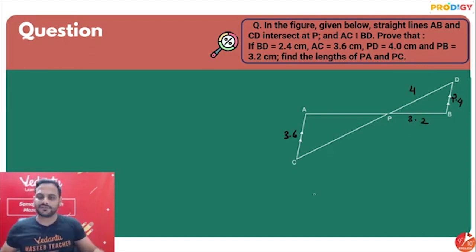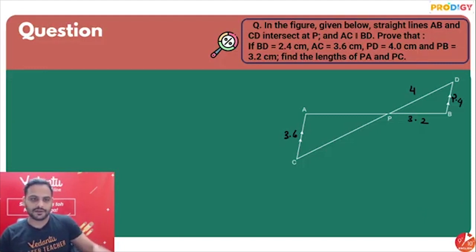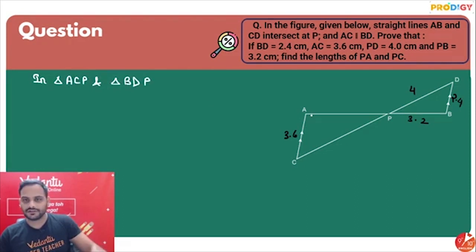First thing, if AC and BD are parallel, I can say that in triangle ACP and triangle BDP, angle A and angle B will be equal. Lines are parallel, it is a transversal, interior alternate angle.